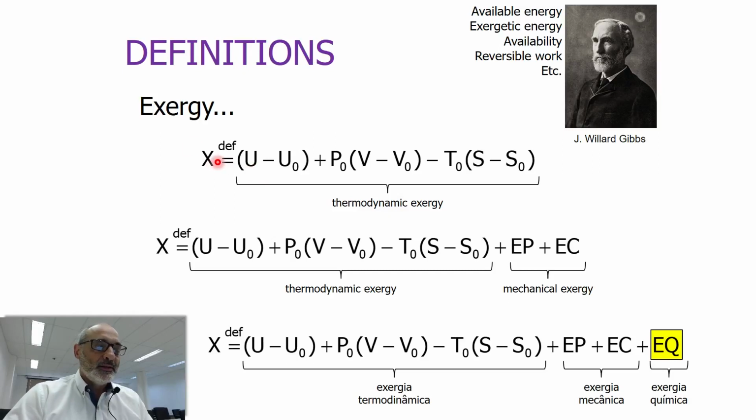is, let's say that X is the exergy associated with, I don't know, 1 kilogram of water. So U is its internal energy, and U0 is the internal energy of water when it is at the same pressure and temperature of the environment. Likewise for pressure and temperature.